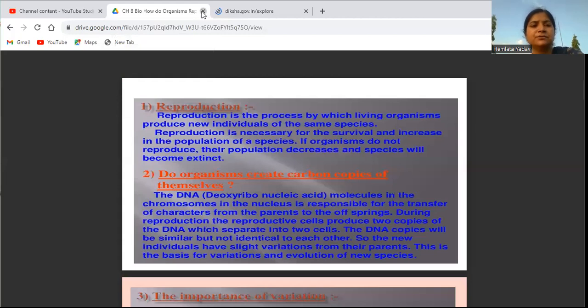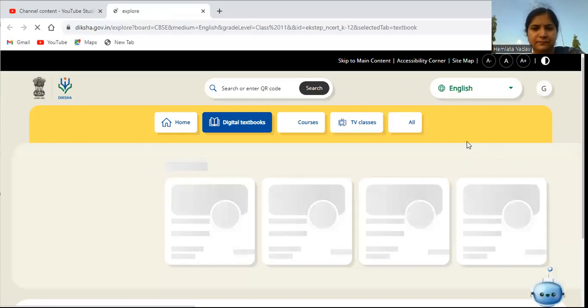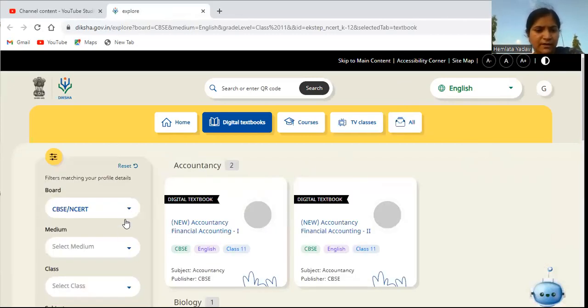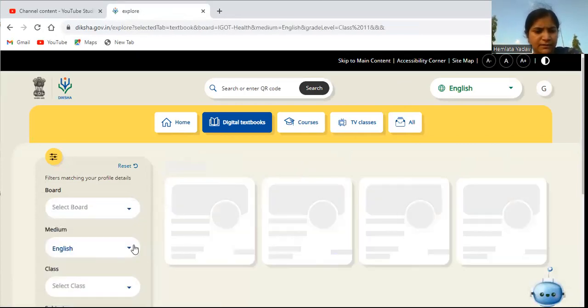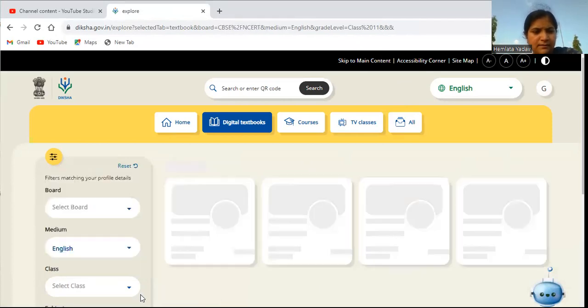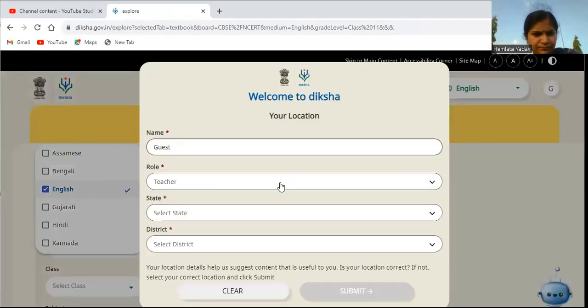It helps you to explore and understand the various contents of CBSE available for class 10th. You can search here and read this way. You can also search on Google and read about electricity.